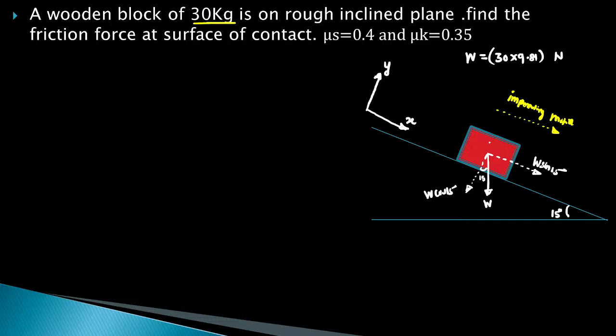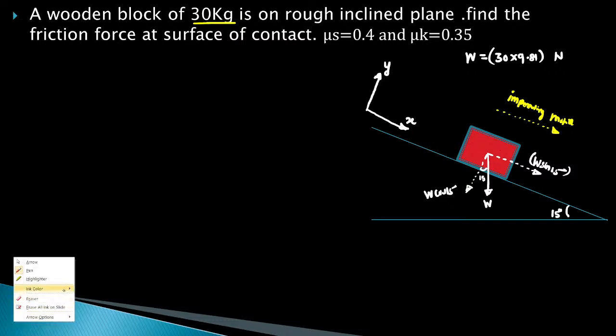This W sin 15 will cause the motion in the downward direction. It will create the impending motion, because of this force the block will have the tendency to slide down the plane.